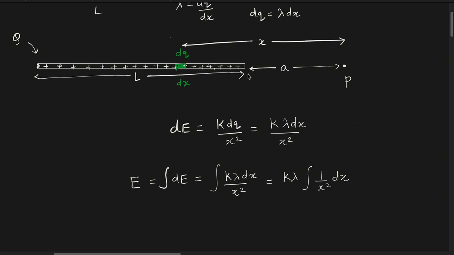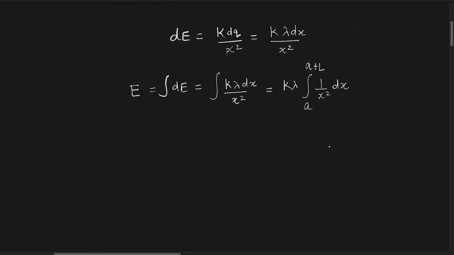If I start from the small charge at this end, that charge is at a distance A from point P. So I have to go from A to A plus L.